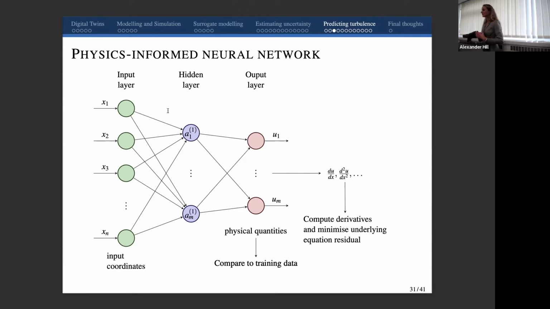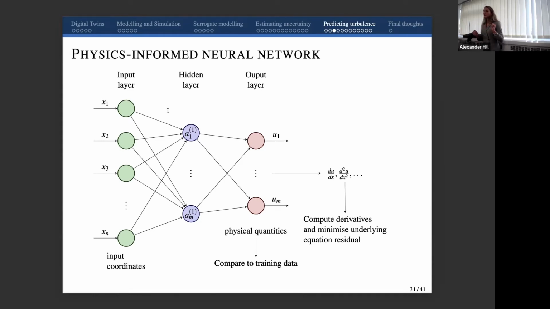And having these derivatives, we can incorporate a bit of physics into it, because if we're working on data that comes from a physical model, we can see whether the outputs that we're obtaining are fulfilling that particular partial differential equation. And that's one of the ways people are incorporating physics into neural networks.